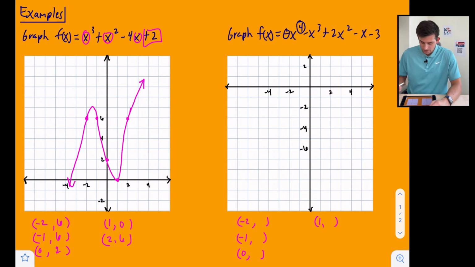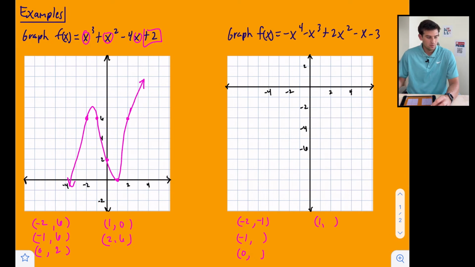So let's go ahead and start plugging in. So we're going to plug in -2 first. So we're going to type in negative and then in parentheses -2 to the 4th power. And then minus, in parentheses, -2 to the 3rd power, plus 2 times -2 squared minus -2, and then minus 3. Okay, and that gives us a -1.